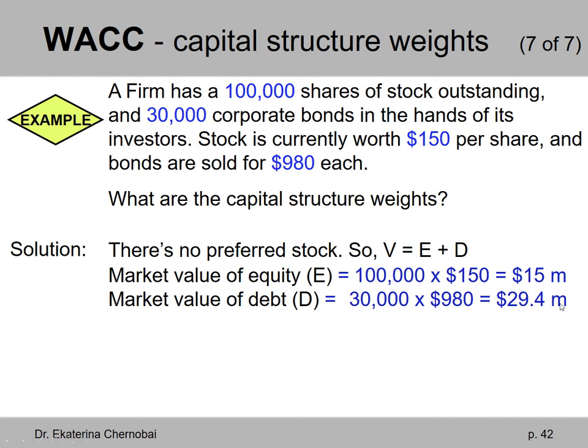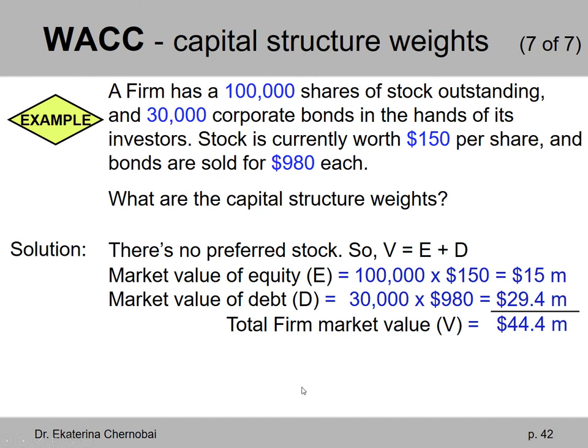Then we can combine the two market values for equity and debt, which will give us the total firm's market value, capital V. So 15 million plus 29.4 million gives 44.4 million. That's the total market value of the firm.